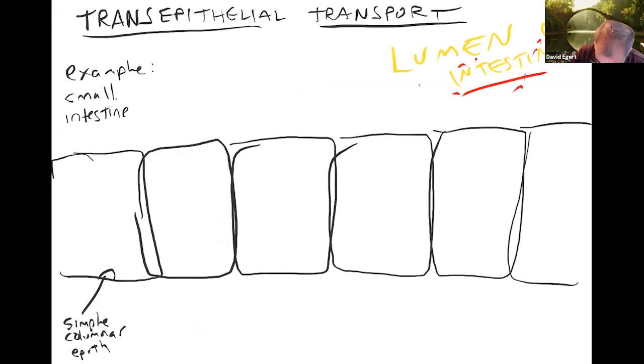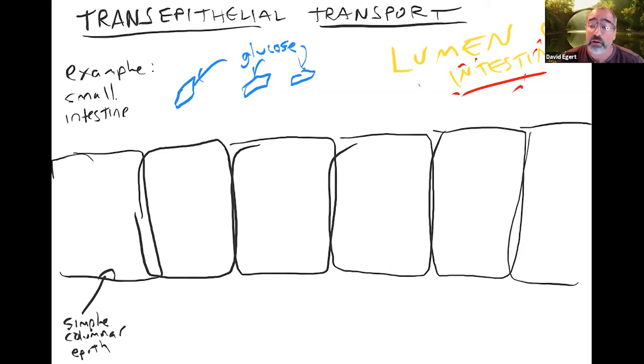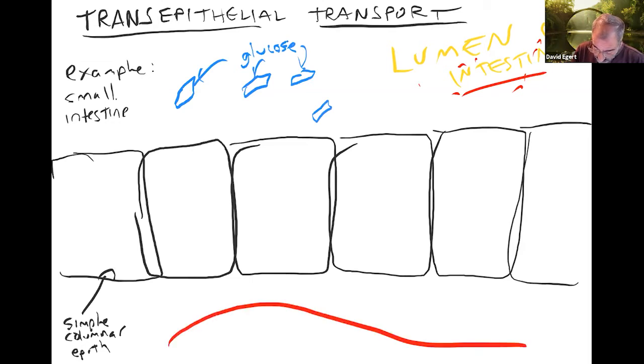So here, I've got little glucoses. These are the result of the breakdown of my food into the basic biomolecules. We'll look at that in way more detail. So here, glucoses. And again, on the other side are my capillaries.